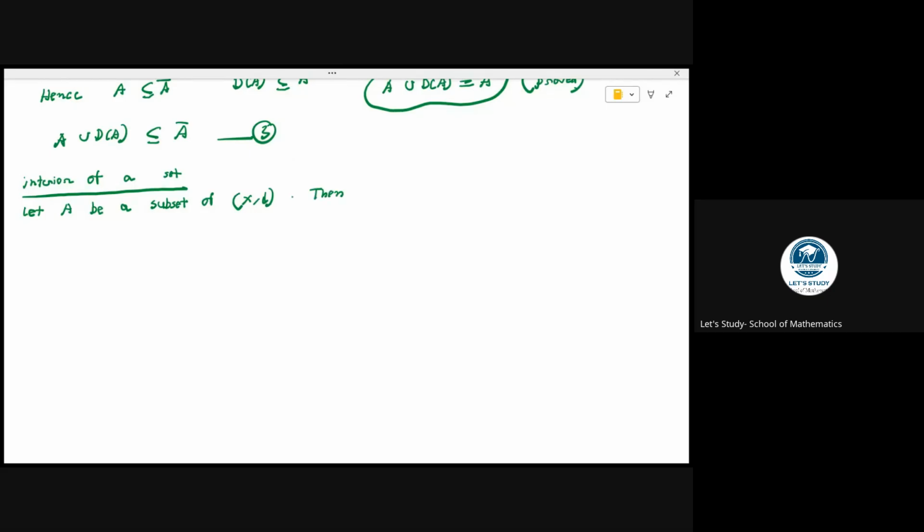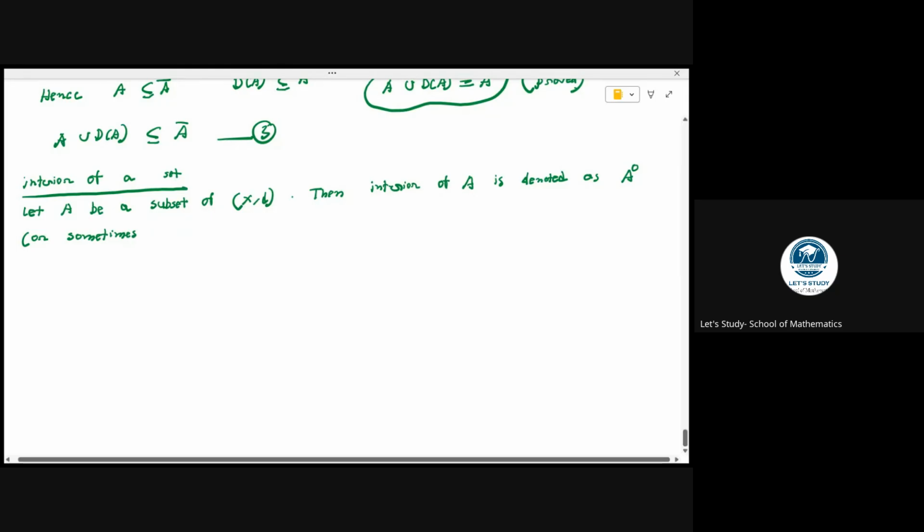Then the interior of A is denoted as this type of thing, or sometimes A union, or sometimes interior of A.